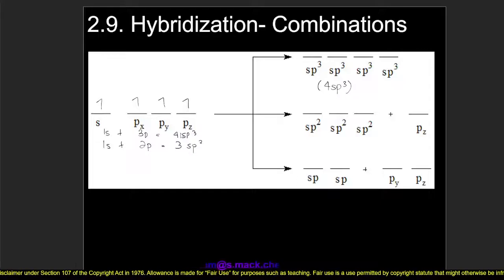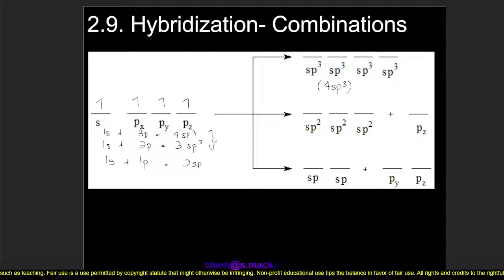So I'm just going to leave my scope up to sp3 hybrid orbitals and sp2 hybrid orbitals, because the syllabus does not go into detail about sp hybrid orbitals. However, if you can guess, 2 sp hybrid orbitals are made by mixing 1 s and 1 p atomic orbital.